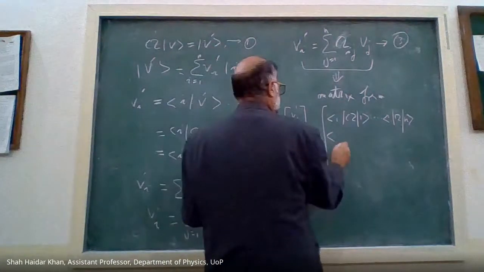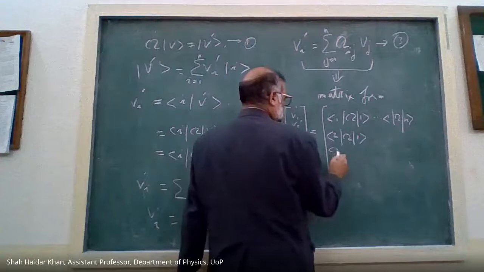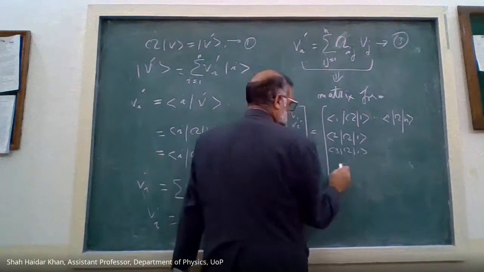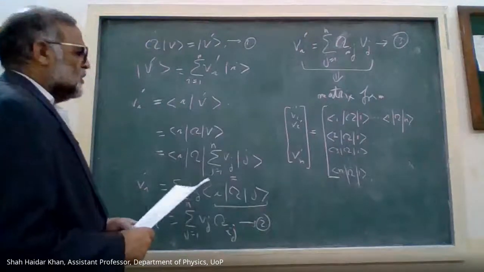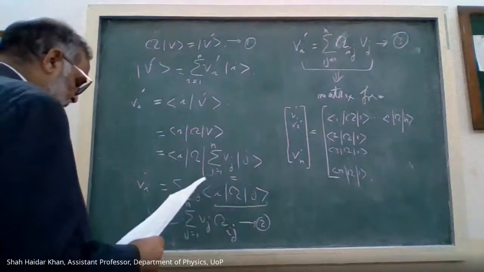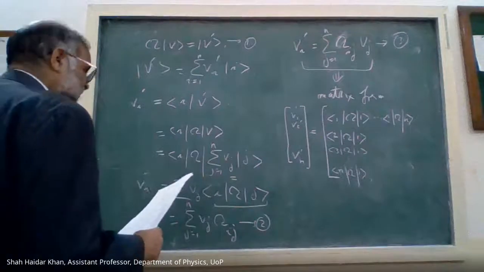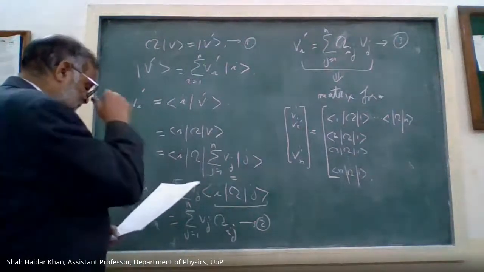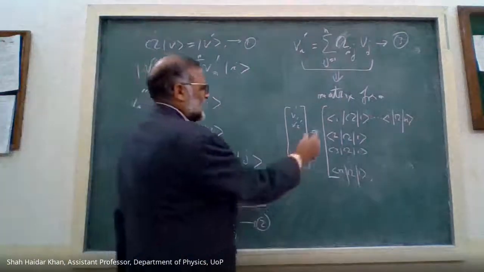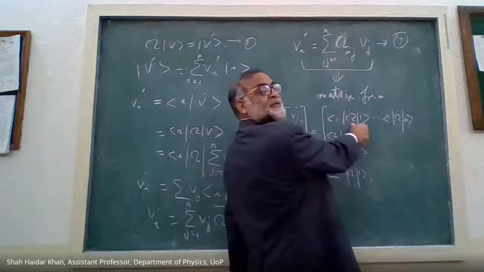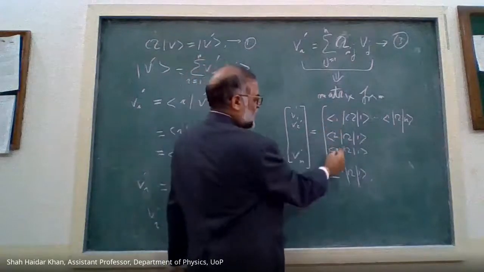Similarly, 2, 1, 3, 1, and another 1. So if you look, omega 1 is the transformed basis, and these are its components along the other components when you scale.